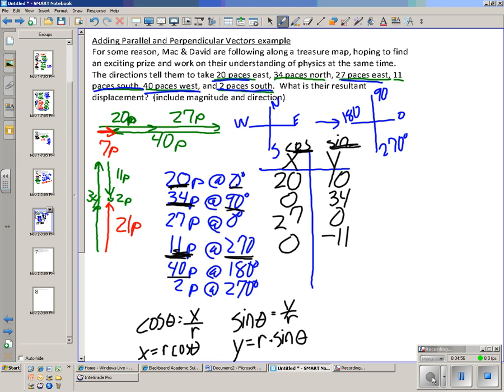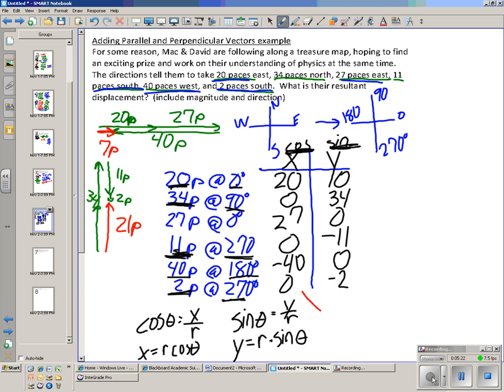Okay, 40 cosine 180 is going to be negative 40, and then the y component is 0. And then finally, 2 cosine 270 is going to be 0, but 2 sine 270 is going to be negative 2. Now, I've got all these little x's and little y's.